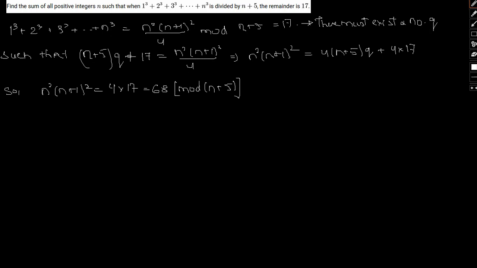But again, n square (n plus 1) whole square given by minus 5 square into minus 4 square, 400, when it is divided by n plus 5. Now simple, we have just substituted the value in this particular case.